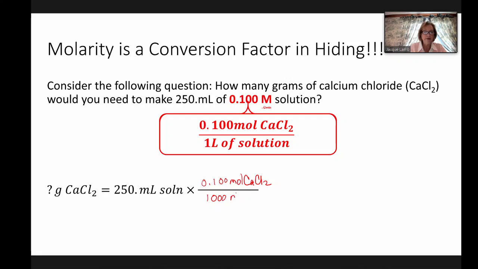We can combine that so that milliliters will cancel for us. This is going to tell you how many moles of calcium chloride you need. You're then going to need to multiply that, because we don't have any scales that measure moles. Our scales measure grams. So we need to know how much of this calcium chloride do we need to weigh out on our scale to create this solution.